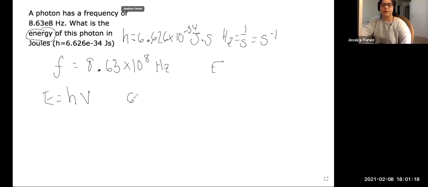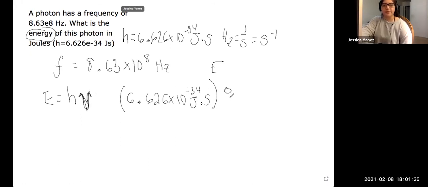We're just going to plug everything in, 6.626 times 10 to the -34 joules times second times our frequency, which should look like this. I'm really bad at drawing. 8.63 times 10 to the 8. And just so you guys can see what happens to the units, I'm going to write 1/s instead of hertz, but it's the same thing.